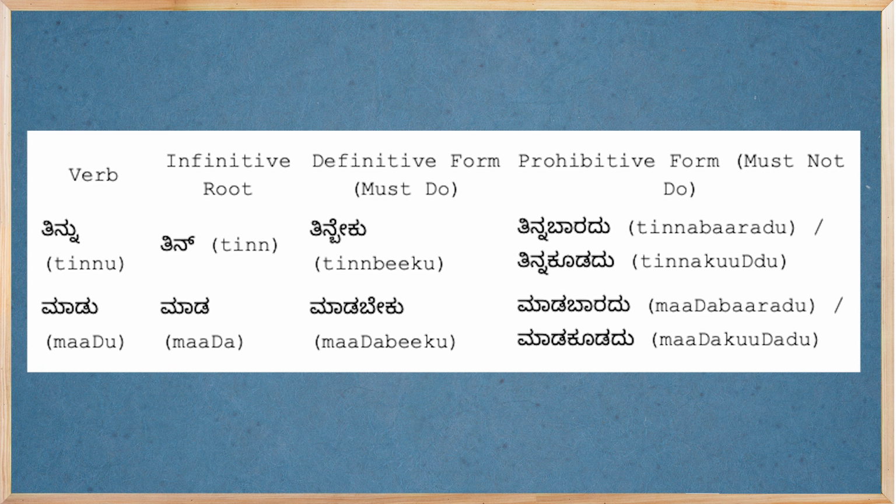Formation using the infinitive forms of verbs. The infinitive form of a verb is obtained in two ways. First, by dropping "u" in colloquial speech, and then by adding "a" in the written forms. For example, the verb form "tinnu" becomes "tin" in its infinitive root.